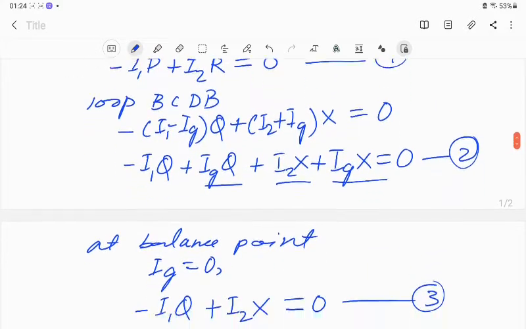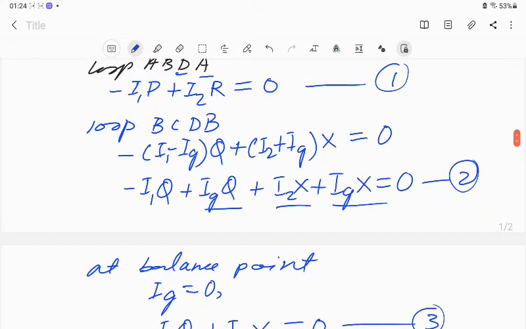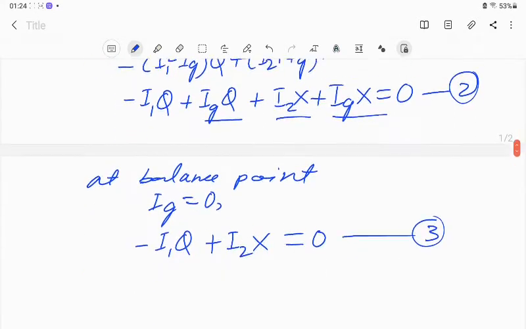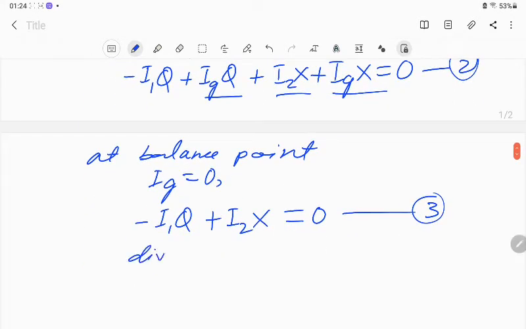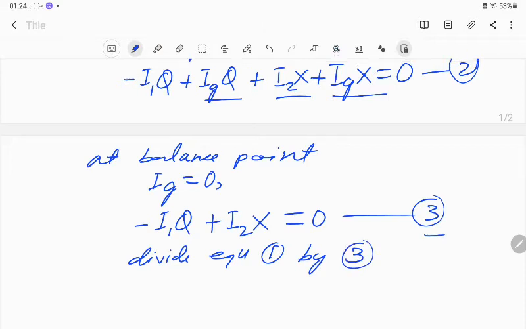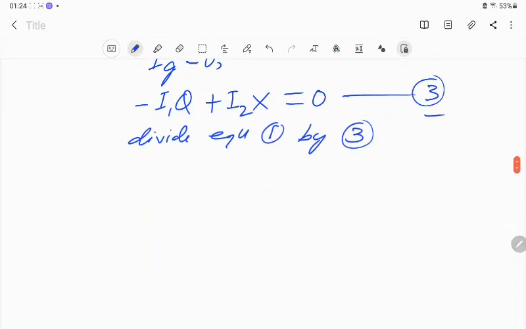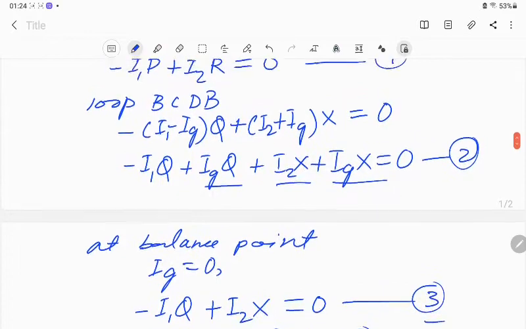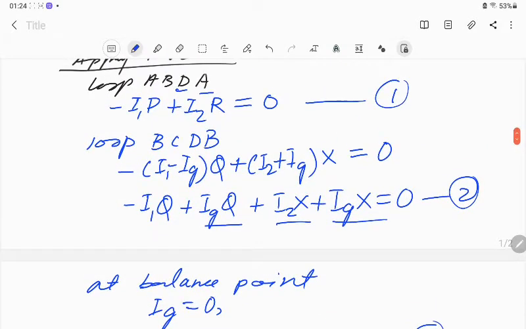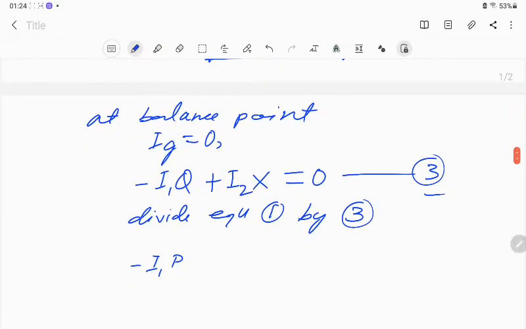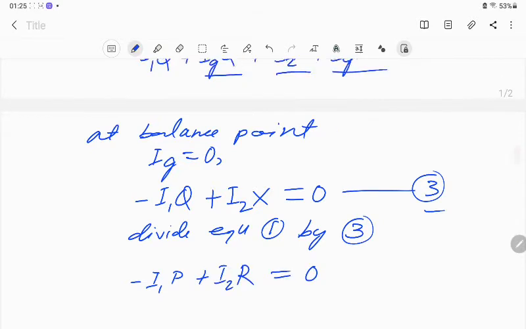Okay, now compare P by Q. Divide equation 1 by equation 3. So what is equation 1? Equation 1 is I1P minus I1P plus I2R equal to 0.